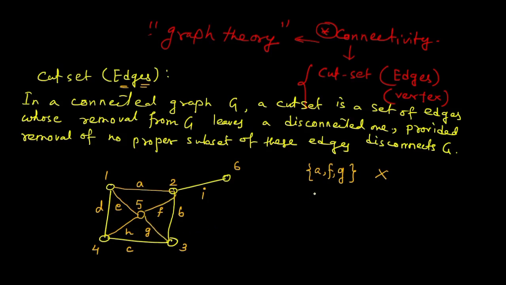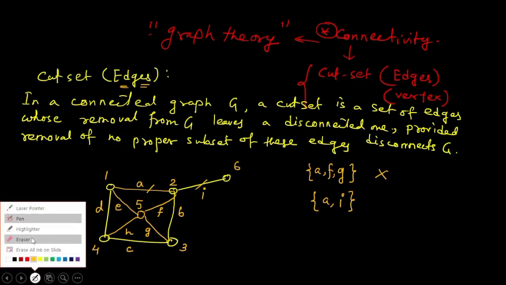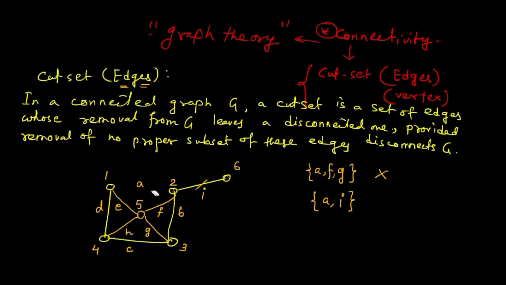Now you can take another example. Suppose I am considering A, I. Check whether this is a cut set or not. You are removing this edge A and this edge I. Yes, you are getting a disconnected graph, one portion and another portion. It is disconnected, but is it a minimal choice?